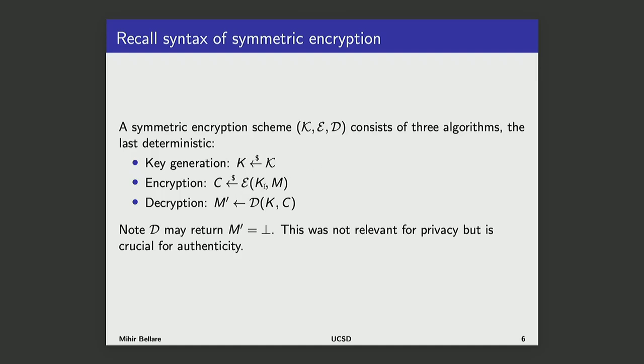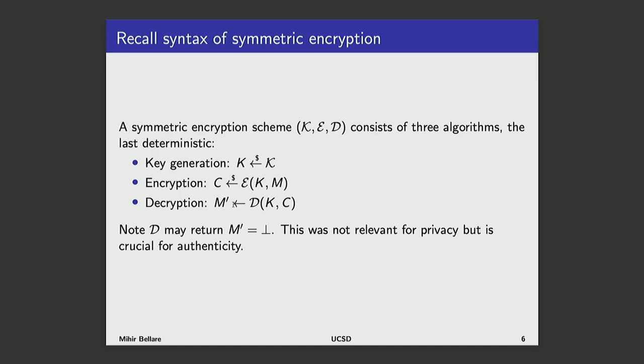Encryption will take the key and the message and give you a ciphertext, and an important element that we saw about this is that the encryption algorithm can be randomized and actually has to be for IND-CPA. So we would expect that to be true. And again, that's what this $ sign means. Decryption is deterministic. In the symmetric case, you're given the same key as used for encryption, and you're given the ciphertext, and you have to recover a message.